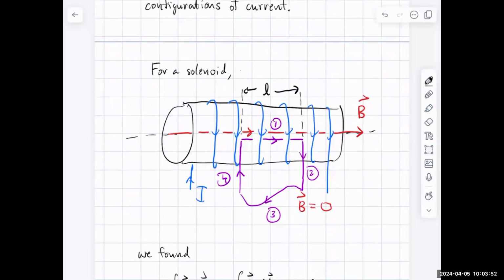So if we make the path parallel to the magnetic field, then the dot product is easy to evaluate. If we make the path perpendicular to the magnetic field, the integral vanishes. And then when B equals 0, I don't care what the path is. And so we chose this purple path. Part 1 is parallel to the magnetic field, so B dot dl just becomes B dl.